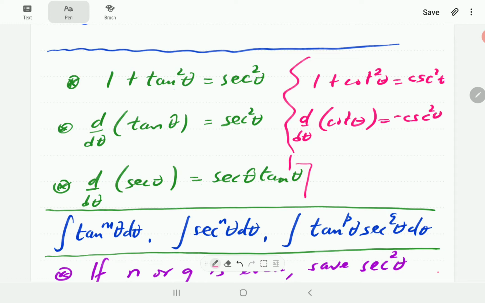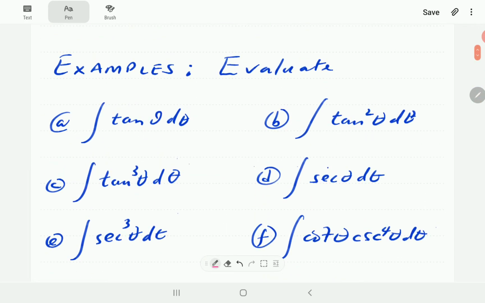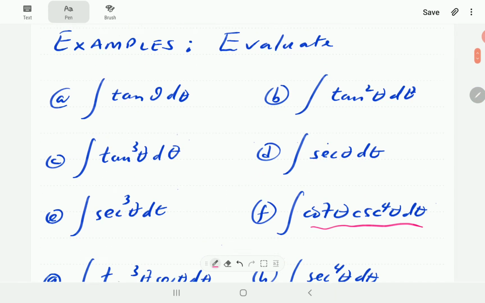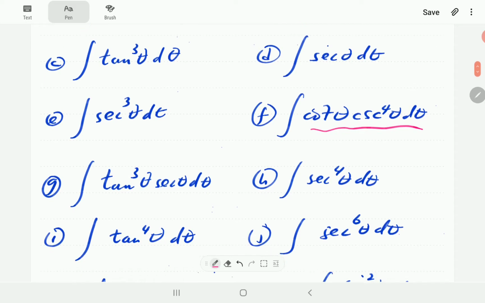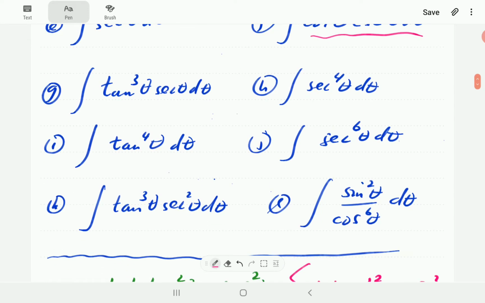So for instance, 1 plus cot squared is cosecant squared. The derivative of cot is negative cosecant squared, similarly to this one. And then the derivative of cosecant is equal to the negative of cosecant theta cot theta, which is similar to this one. So that's why we have got an example here involving cot and cosecant, just to demonstrate that point.